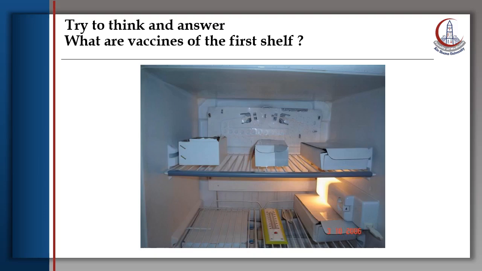The ice packs in the freezer are used and put inside the refrigerator to keep the temperature and to keep the vaccine safe. Then there are insulated containers where vaccines can be put until the electricity is restored.